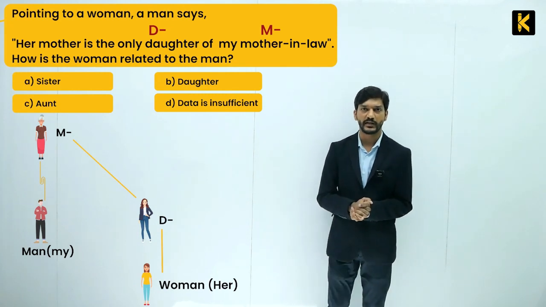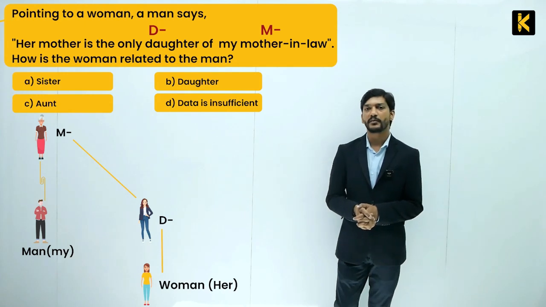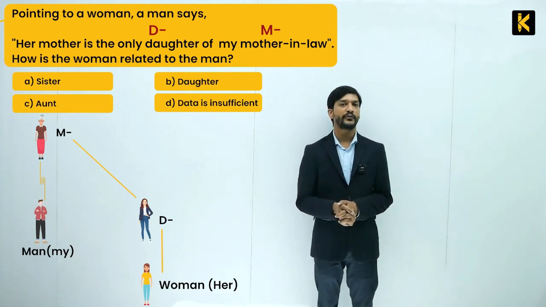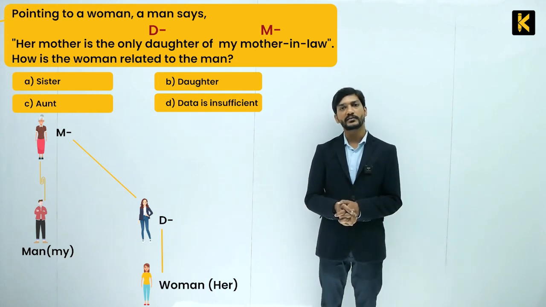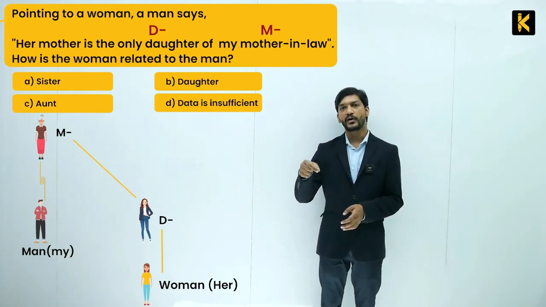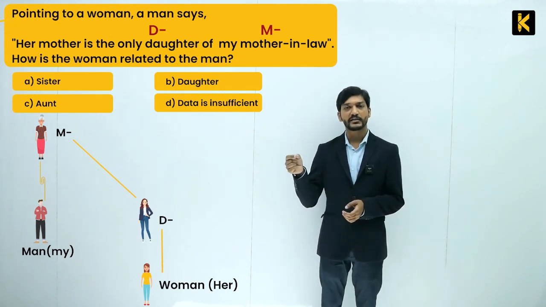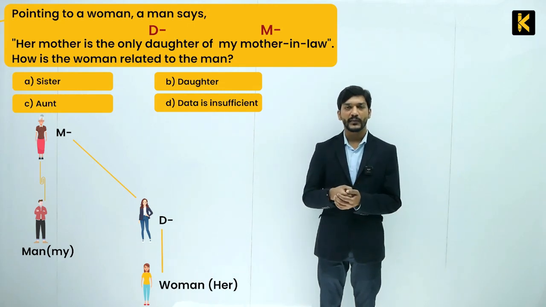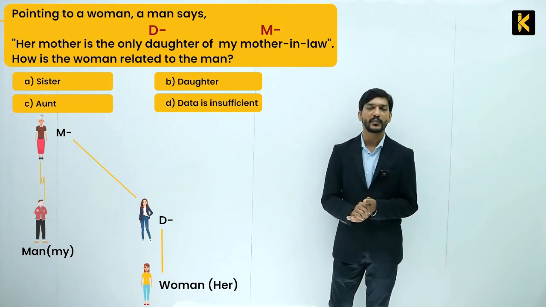So first thing we will see that this M minus is the mother-in-law of the man, and M minus is the mother of D minus. Mother-in-law of the man, that means whoever man is there in the question. M minus is the mother-in-law of the man, and M minus is the mother of the other person, which is D minus.